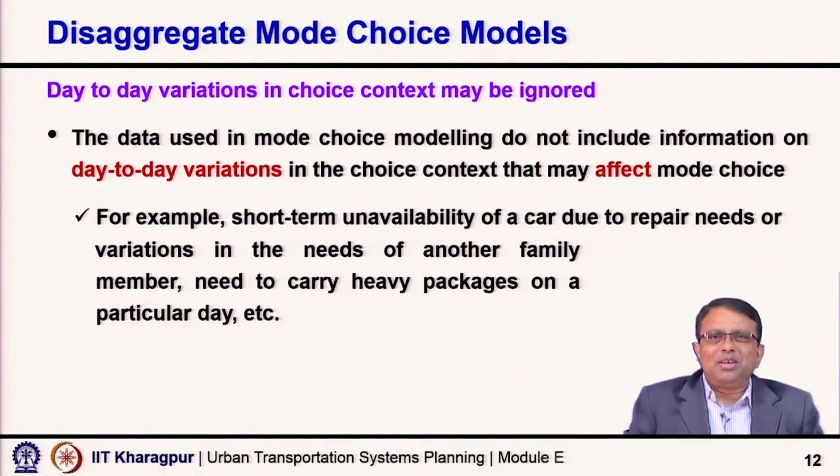choice correctly, right. Or every day person probably travel by car, but that one particular day, the family members probably want to go somewhere, and you leave the car and take a bus or take a taxi. So, my mode choice model will not be able to predict that correctly, right, because I am not considering that variation.